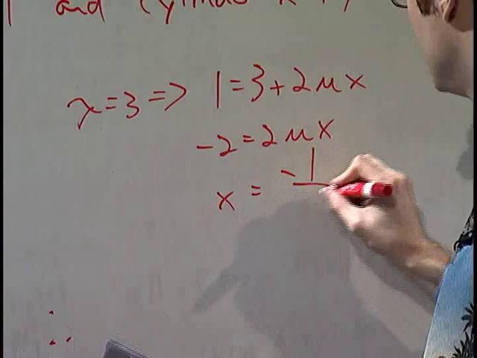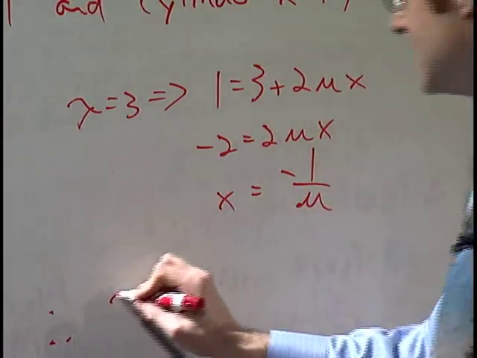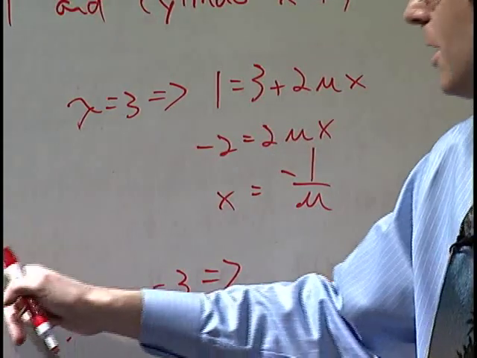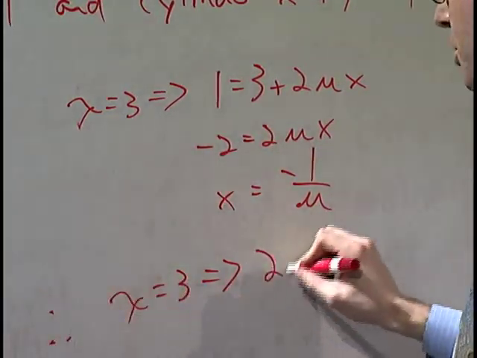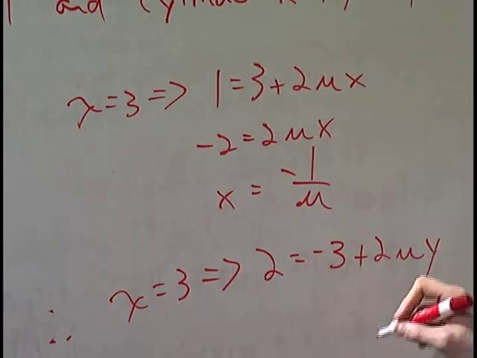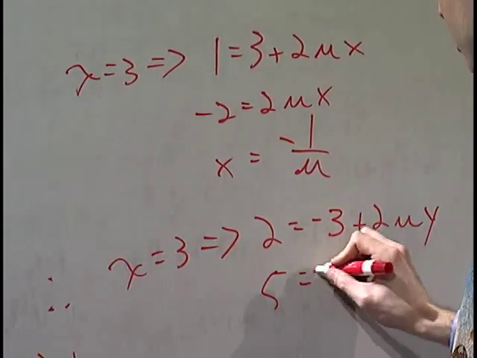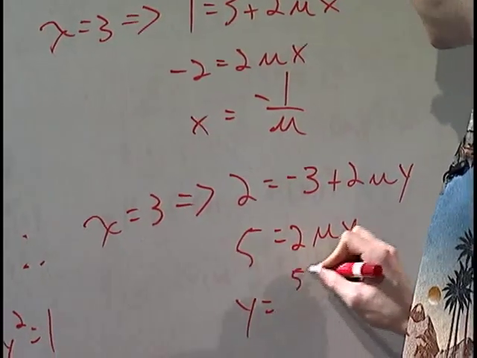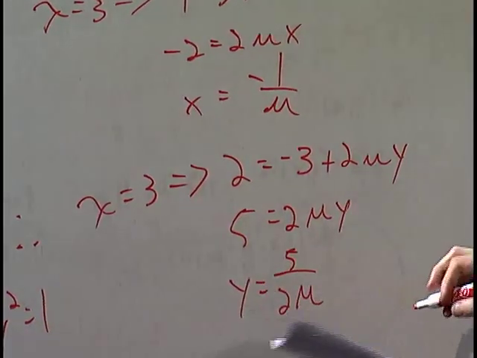And then we do the same thing for y. Lambda equals 3. Plug it in here. So now we have 2 equals negative 3 plus 2 mu y. We have 5 equals 2 mu y. So y equals 5 over 2 mu.